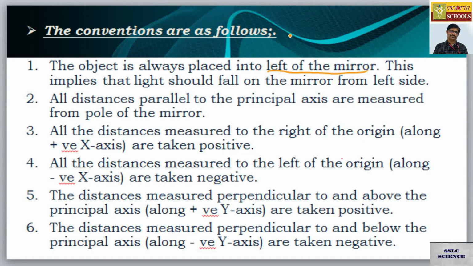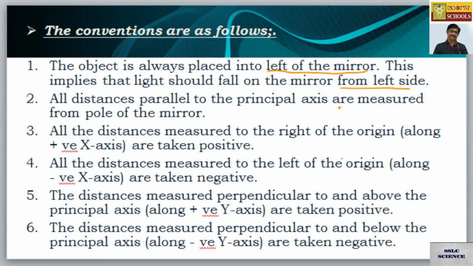This implies that light should fall on the mirror from the left side. Note this. What exactly does the first convention suggest? The object is always placed to the left of the mirror, which means light should fall on the mirror from the left hand side. So this is the first rule.